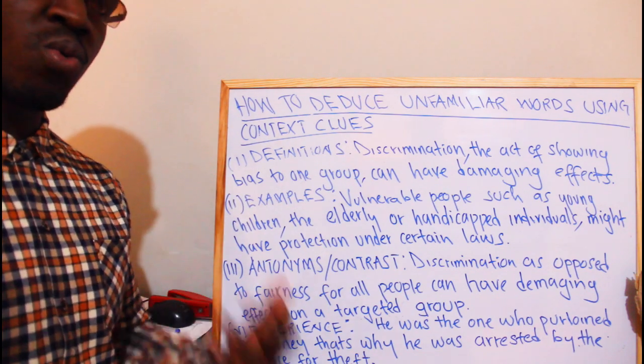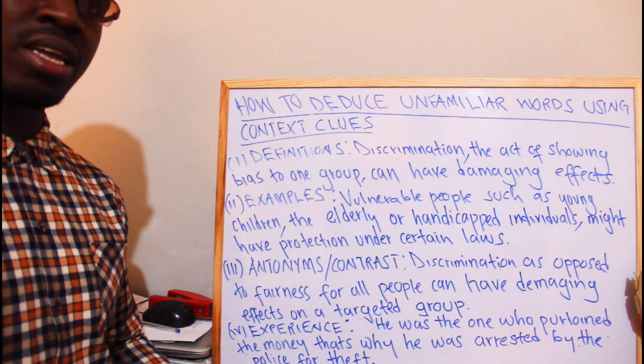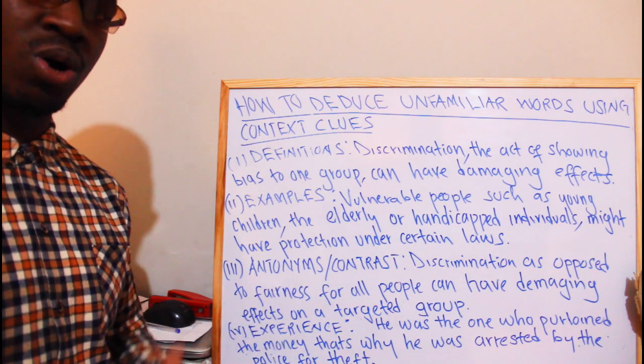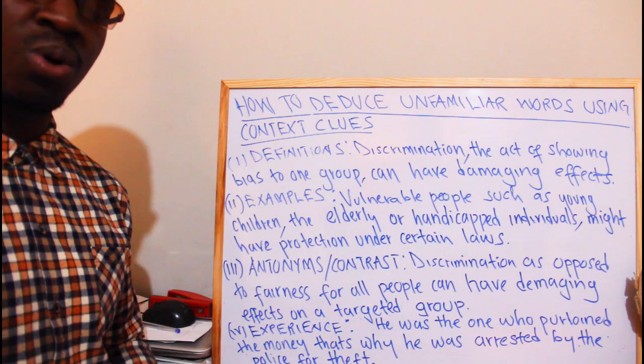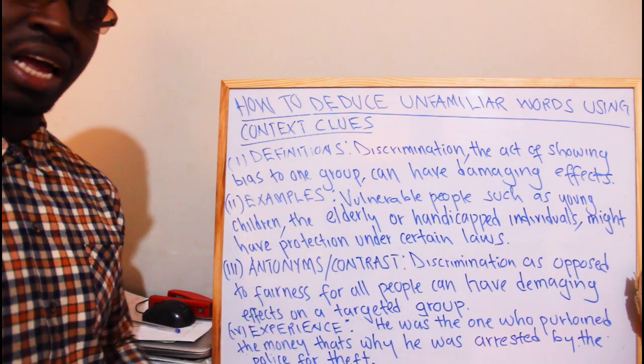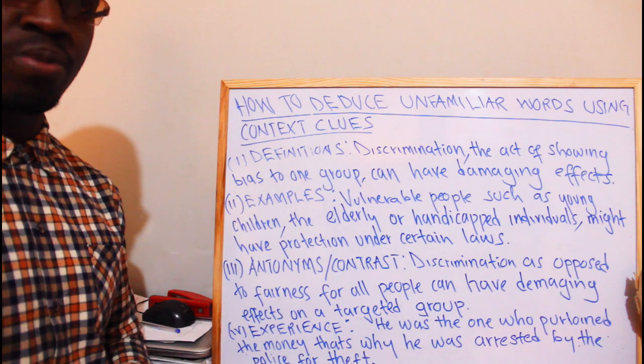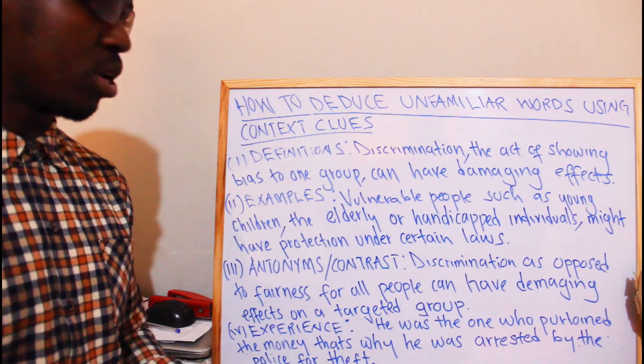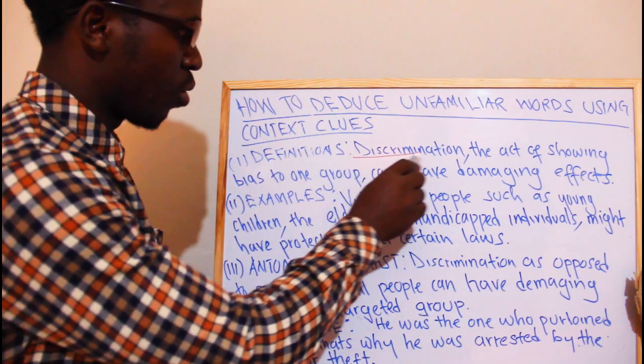Usually, certain words are given and then definitions are provided later on to help the reader or the listener understand exactly what those words could mean. For example, we have the word discrimination.